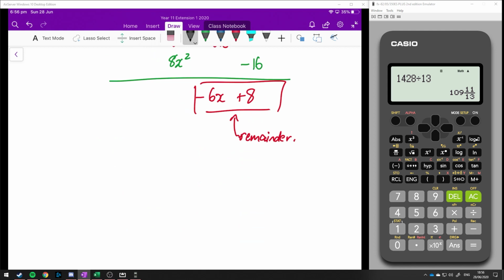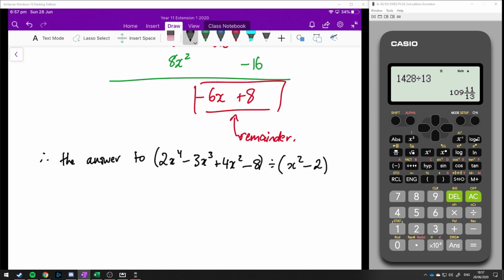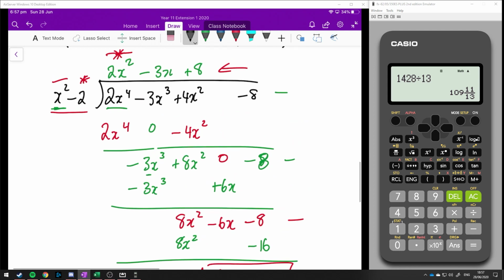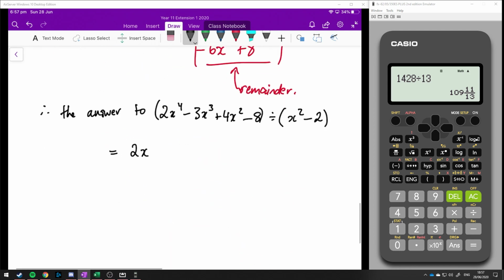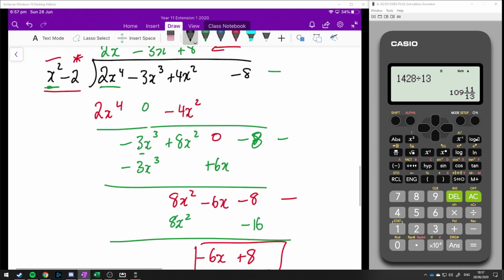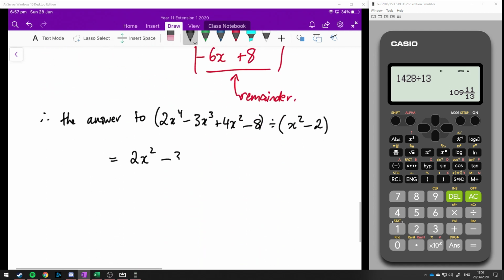So what we can do now is write, therefore, the answer, the solution, to 2x to the power of 4 minus 3x cubed plus 4x squared minus 8 divided by x squared minus 2, and that's equal to our answer, 2x squared minus 3x plus 8, okay, plus, and now our remainder.